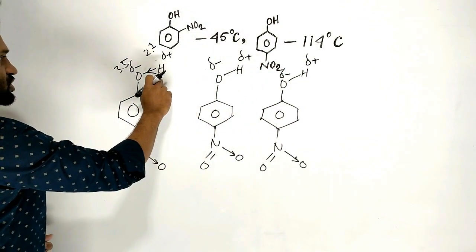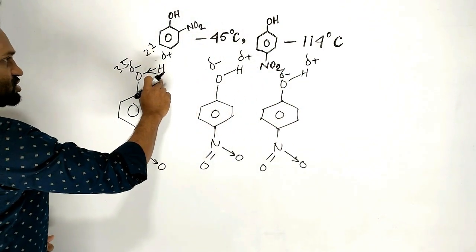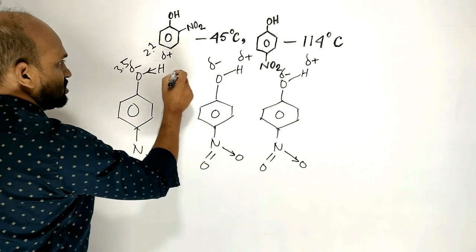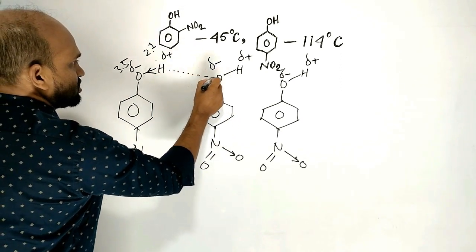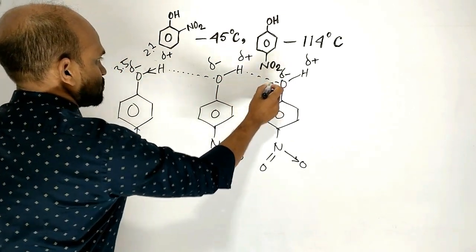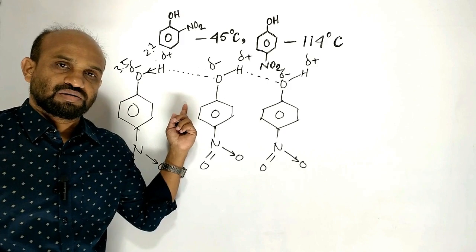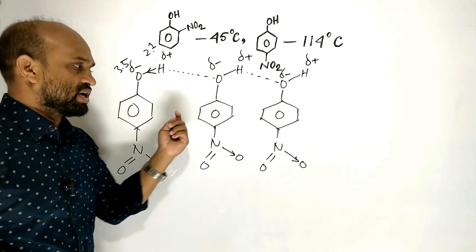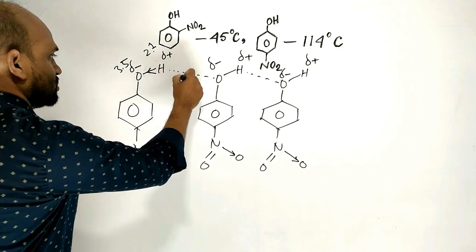Now, between the partially positively charged hydrogen and the partially negatively charged oxygen, an attraction is created. So we see that in the case of paranitrophenol, a hydrogen bond is formed.